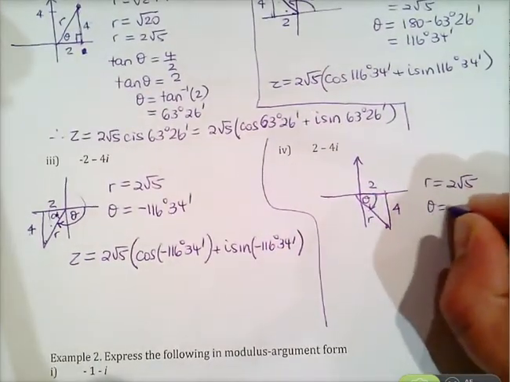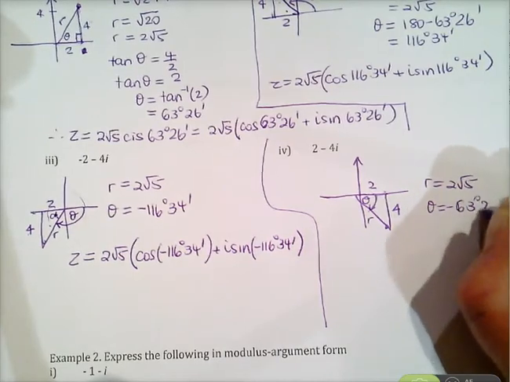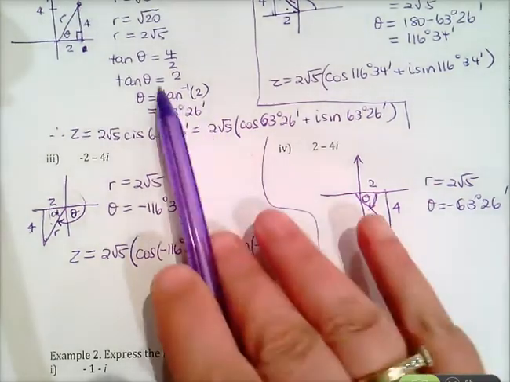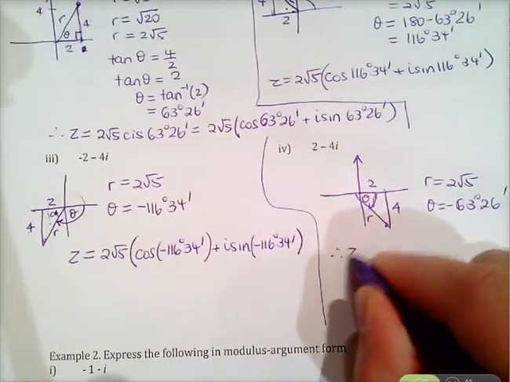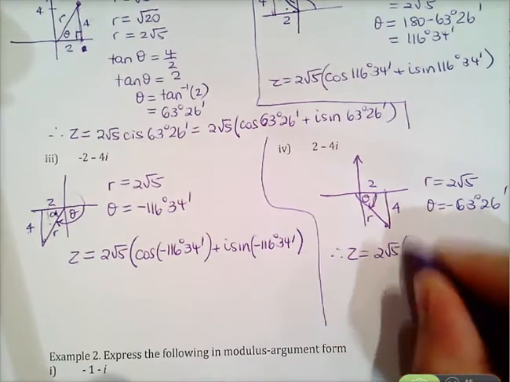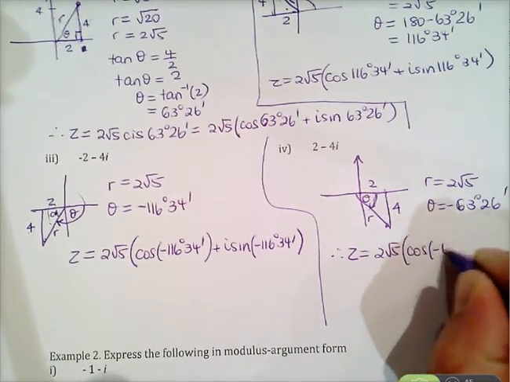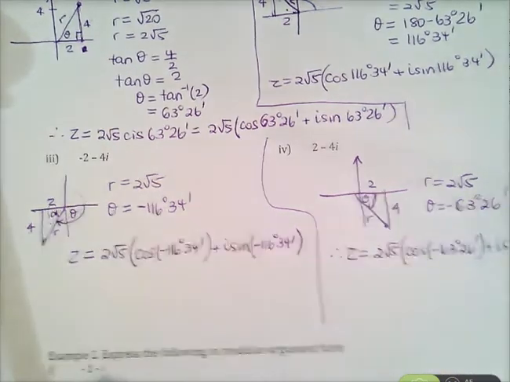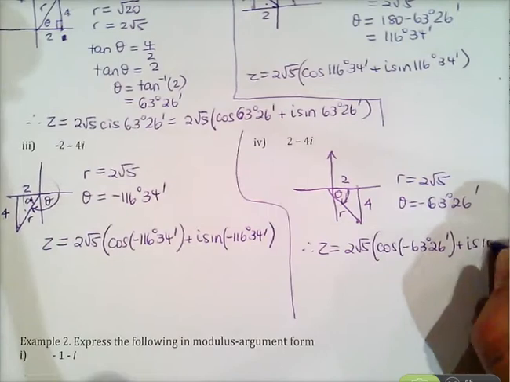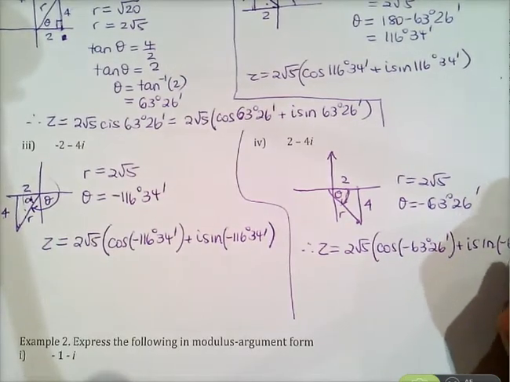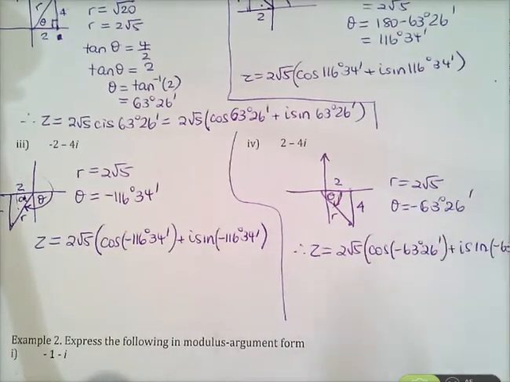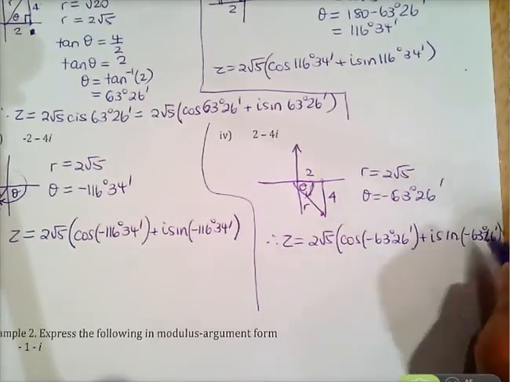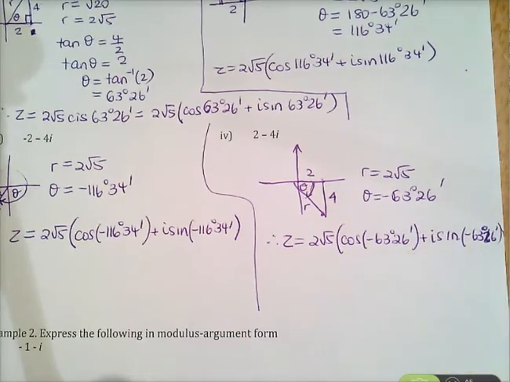But the angle this time is negative 63 degrees 26 minutes, because we know that the angle in the triangle is 63 degrees 26 minutes from previous questions. So therefore, z, your complex number here, is 2 root 5 cos of negative 63 degrees 26 minutes plus i sine negative 63 degrees 26 minutes.